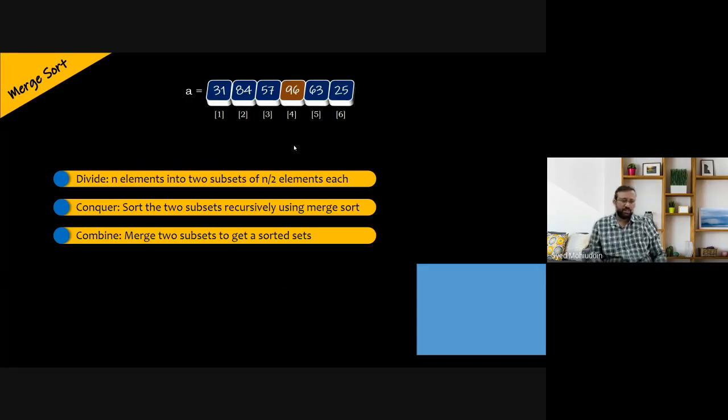The first of the 3 phases is divide. So n elements are divided into n by 2 elements. Here also it's divided by 2, not by 3 or 4. Merge sort always divides the elements into 2 subsets. That is the divide phase.